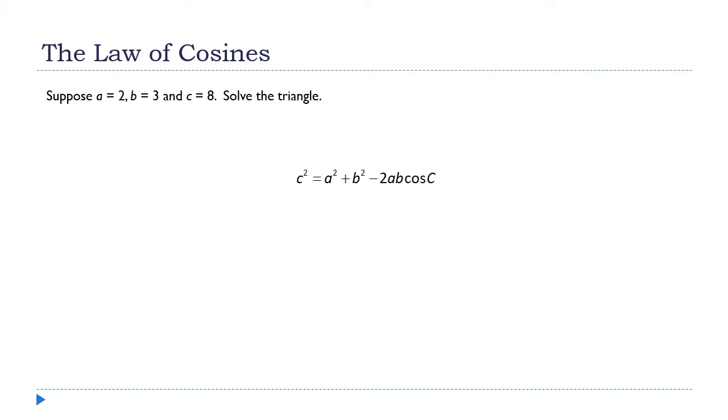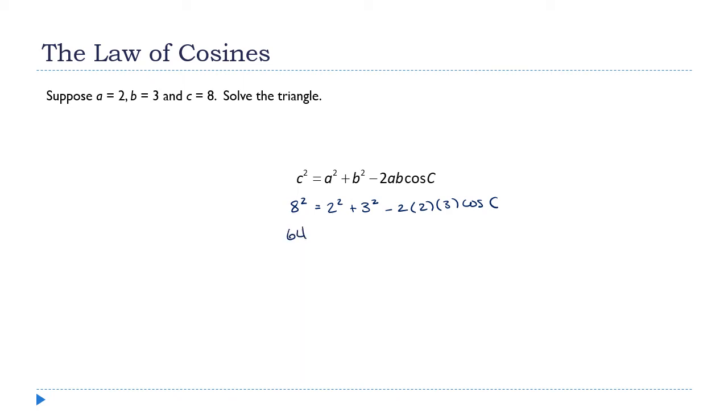Okay, so how about this one? This one, I'm not just throwing another one out here for the sake of throwing it out here. This one actually is going to be special. Let's try this out. I'm going to try to find angle C. So we're going to have h squared equals 2 squared plus 3 squared minus 2 times 3 times the cosine of C. So what do we get?